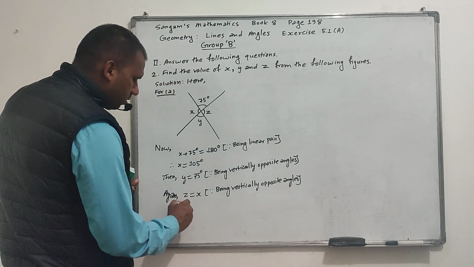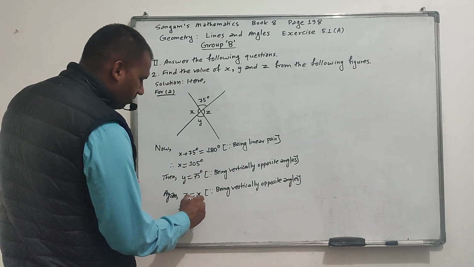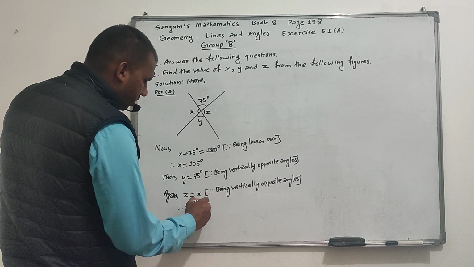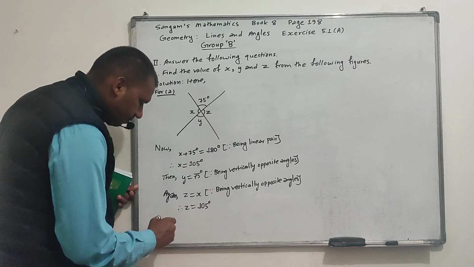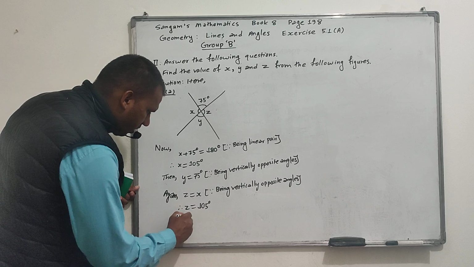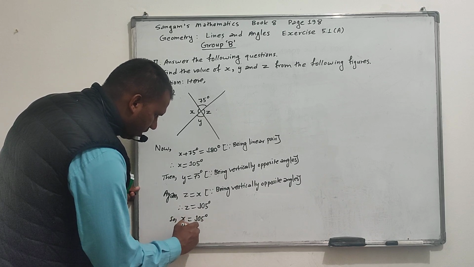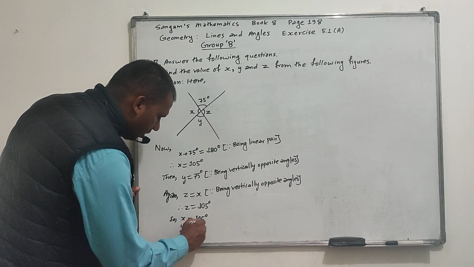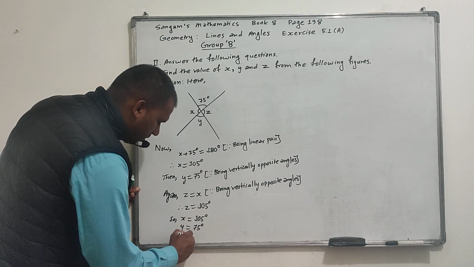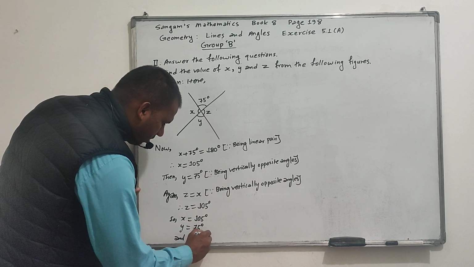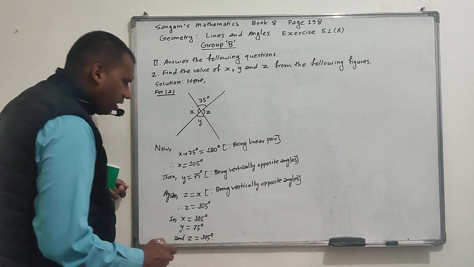Therefore, the value of x is 105 here, so therefore z equal to 105 degree. So x equal to 105 degree, y equal to 75 degree, and z equal to 105 degree. This is the answer.